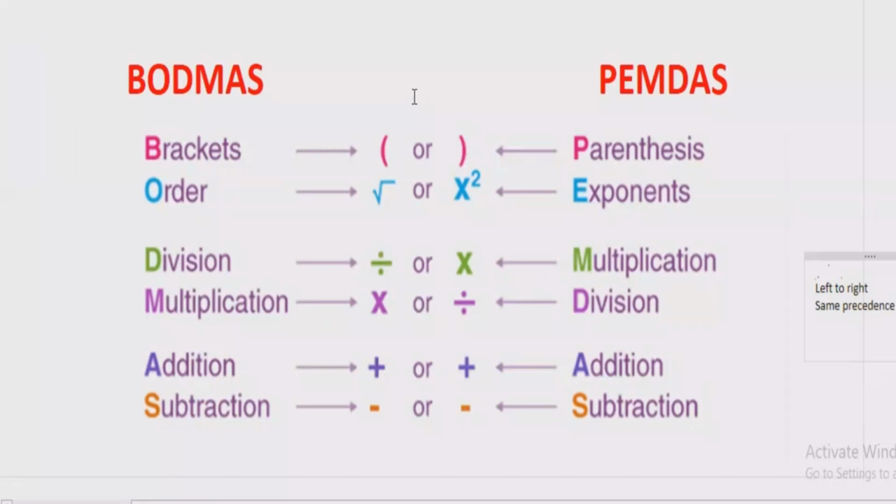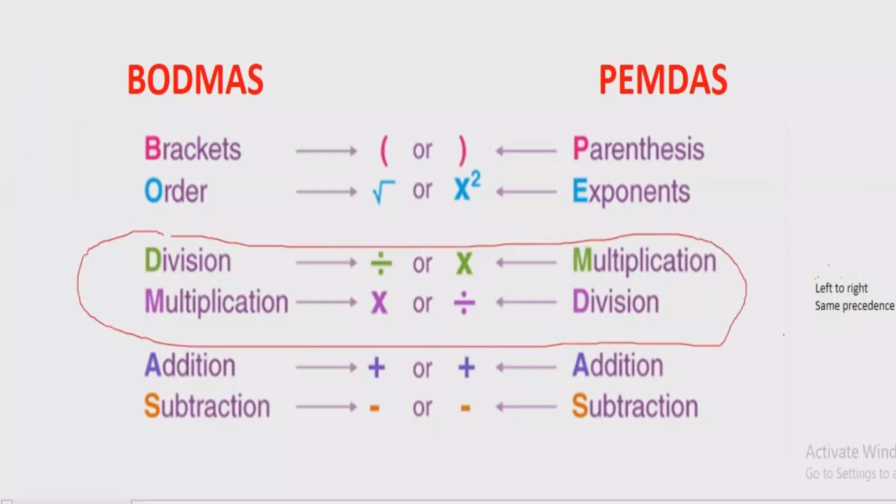After that, you have to see the exponent or power of any number. If any number has a power, you have to solve that part after the bracket. After that, you have to see the multiplication and division. You have to go left to right, and find out the same precedence. Division and multiplication have the same precedence.